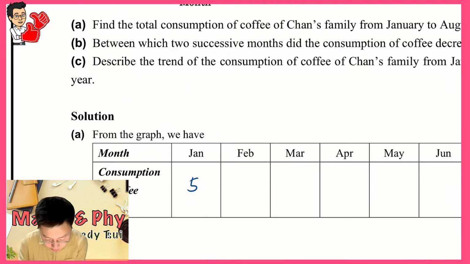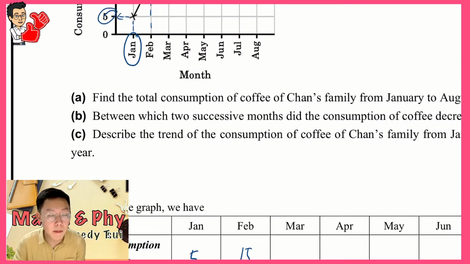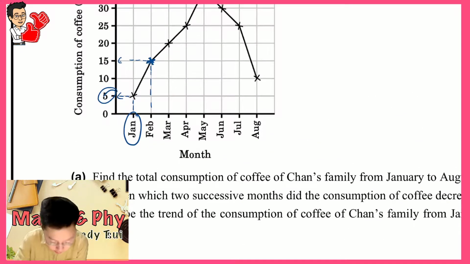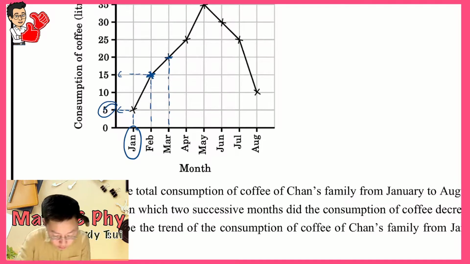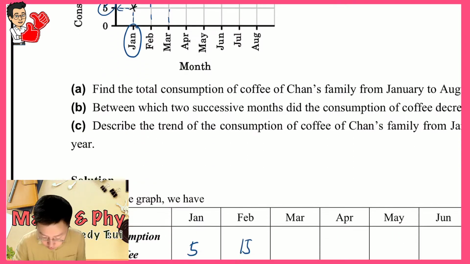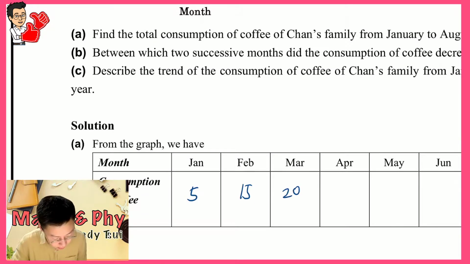So we can say that in February, the consumption of coffee is 15 liters. And how about March? When we meet the line segments, here we can see at March, the consumption of coffee should be 20. So we can write down 20 here.